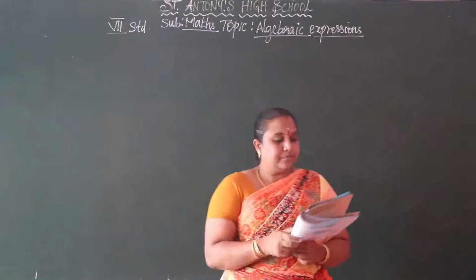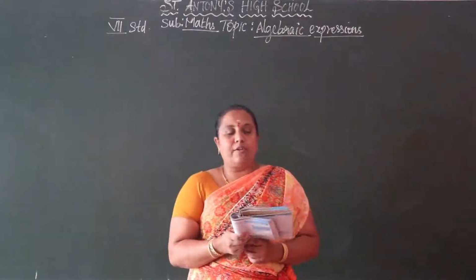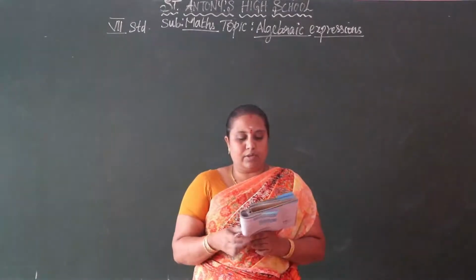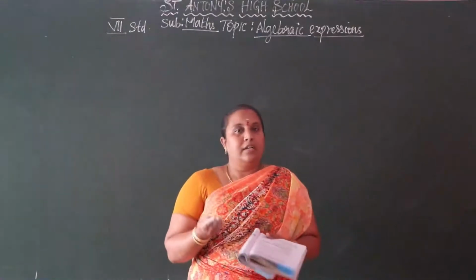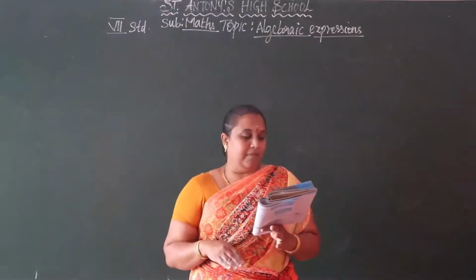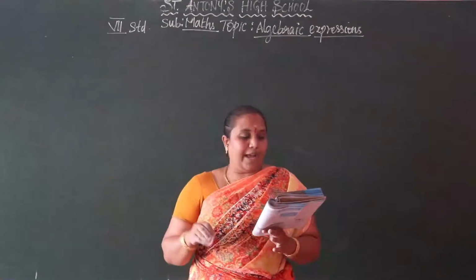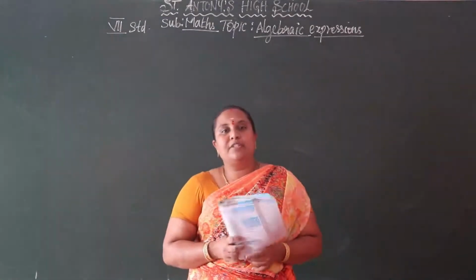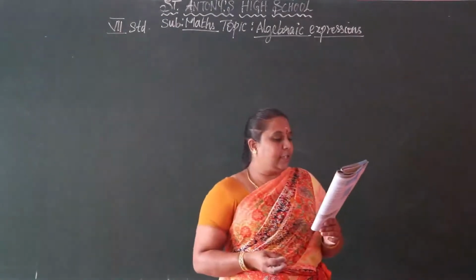What are the coefficients of x in the following expressions? That you can try in your rough notebooks. I'll do the B1. What are the coefficients of y in the following expressions?